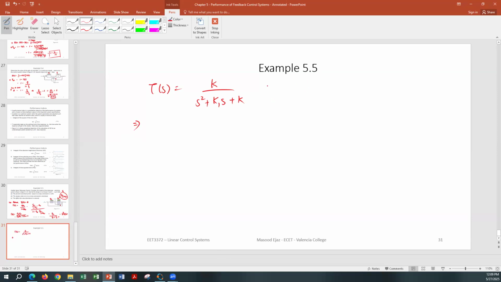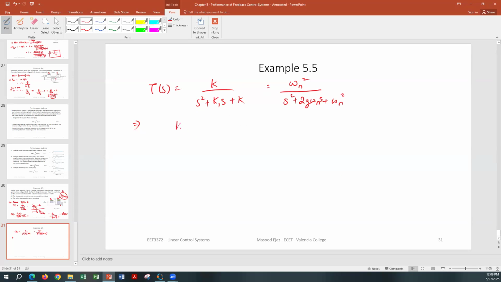If we compare this with our standard second order system, omega n square over s square plus 2 zeta omega n s plus omega n square, then we can see that, of course, K is equal to omega n square, and then we can find out what the K1 value is.